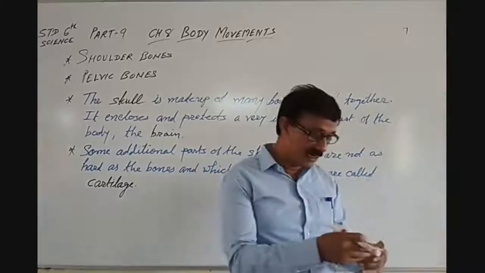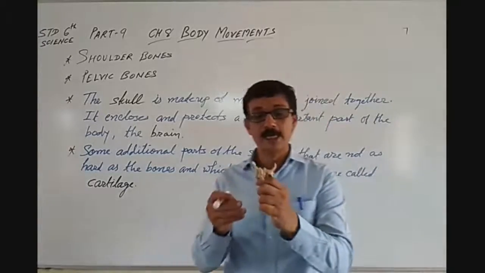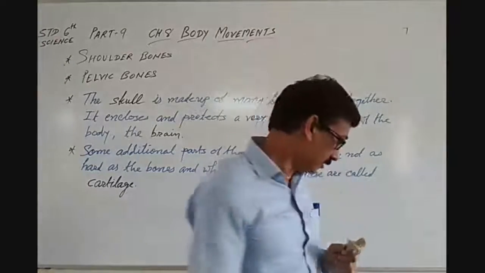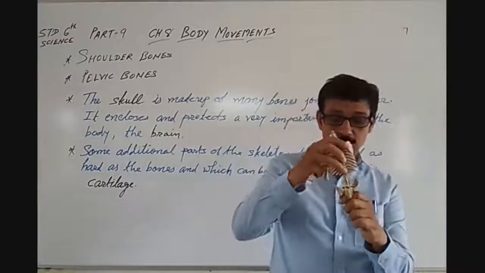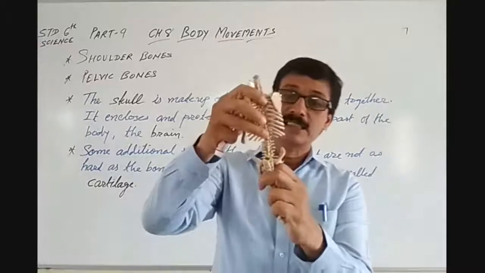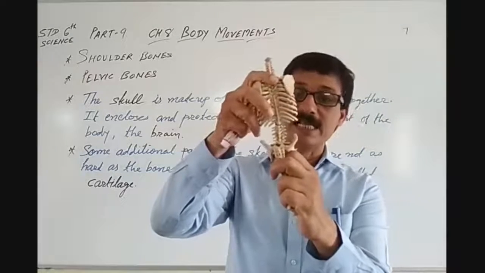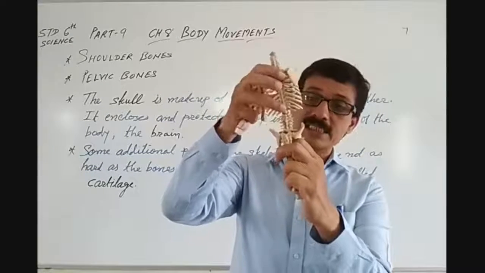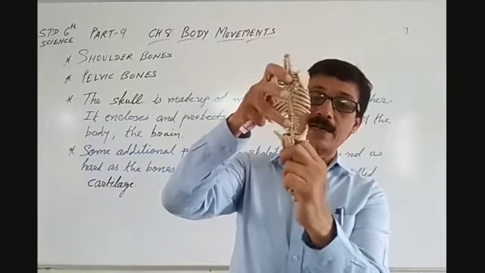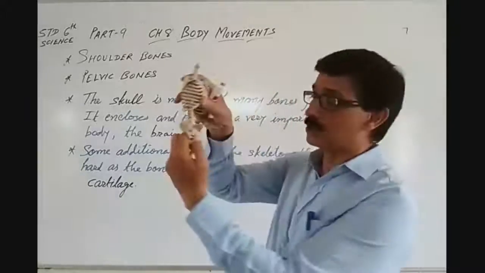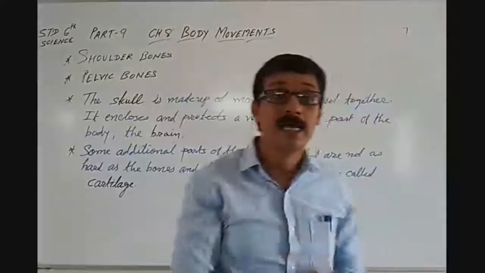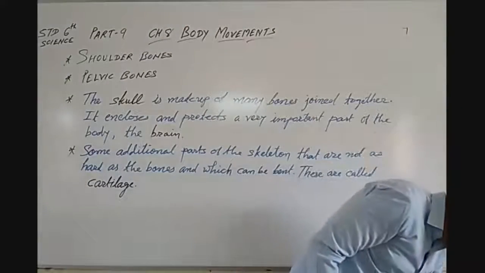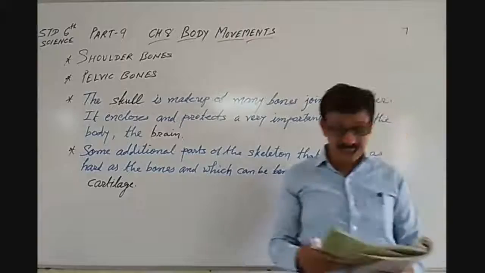I have the pelvic bones. Let me join this so that you can understand. See, here the rib cage is joined. This is the backbone and these are the pelvic bones. From the front side you can see it like this. So these are the pelvic bones on which you sit.